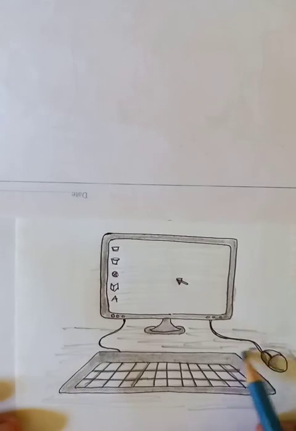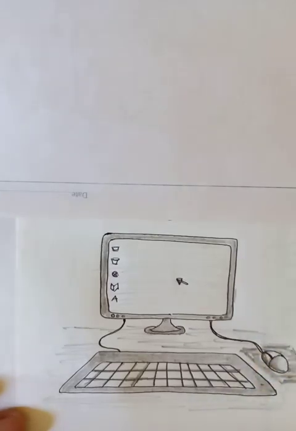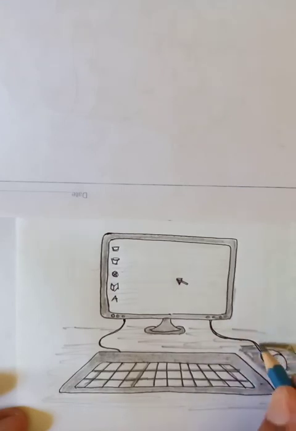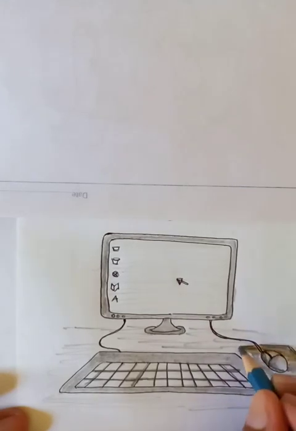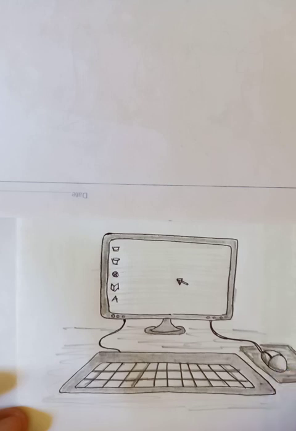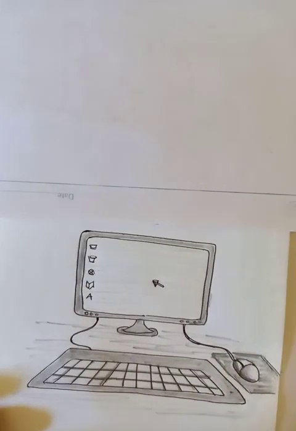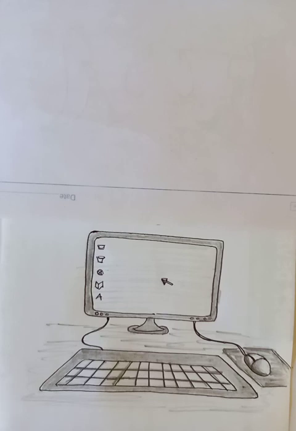People usually use the mouse pad for navigating it. Alright, so this is the drawing of a computer.